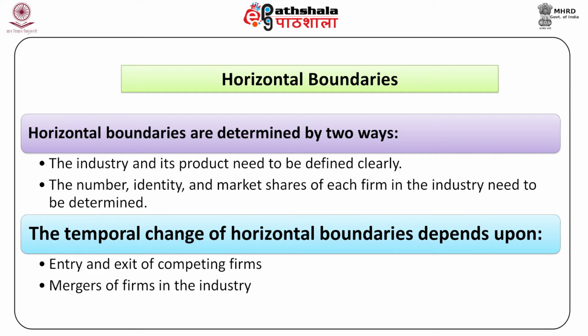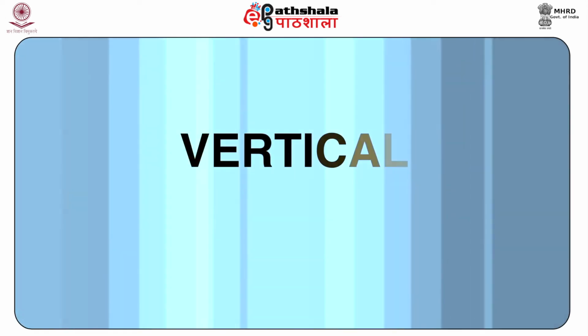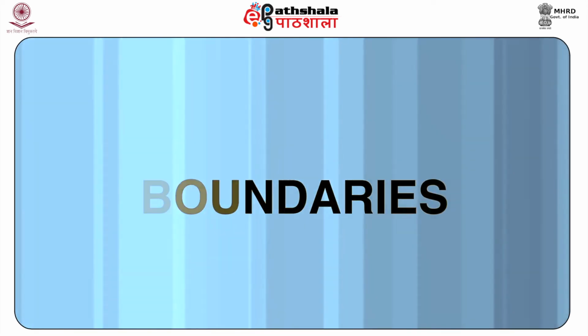Similarly, if more firms enter the industry, then there will be a narrowing of horizontal boundaries. Then industry concentration will decline, leading to lower profit. Therefore, all the existing firms in an industry try to keep horizontal boundaries as wide as possible through barriers to entry. The second one is vertical boundaries.